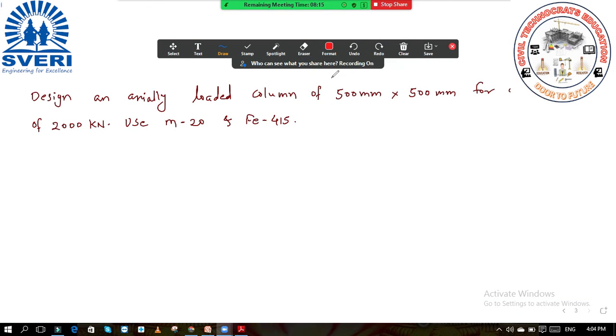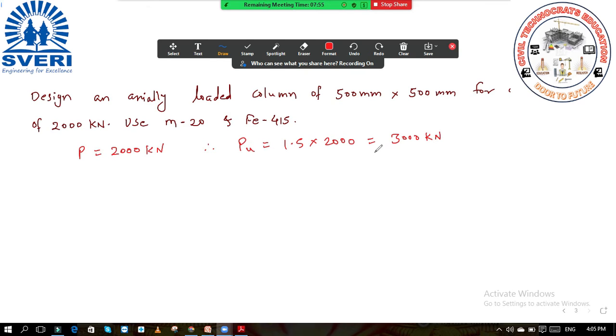So now P is equal to 2000 kilonewton. Therefore, Pu ultimate load is equal to 1.5 times 2000, so it will be 3000 kilonewton.